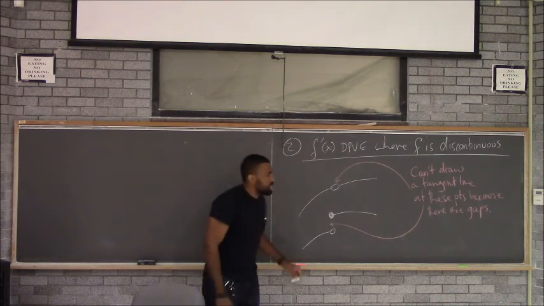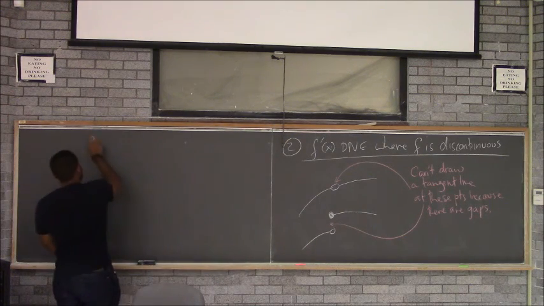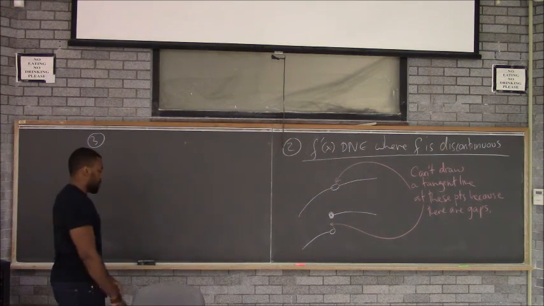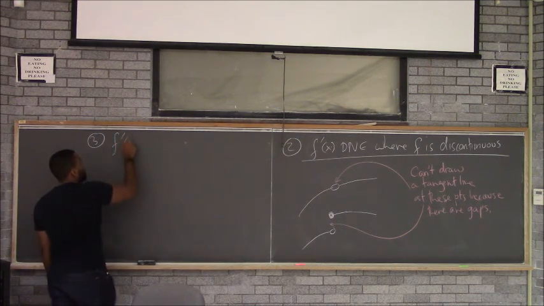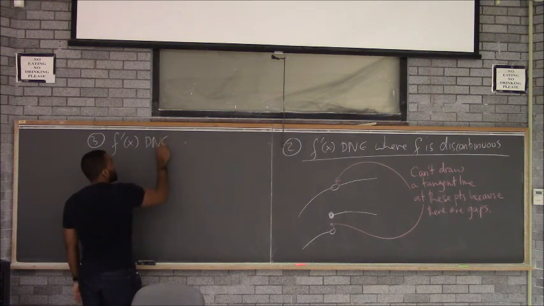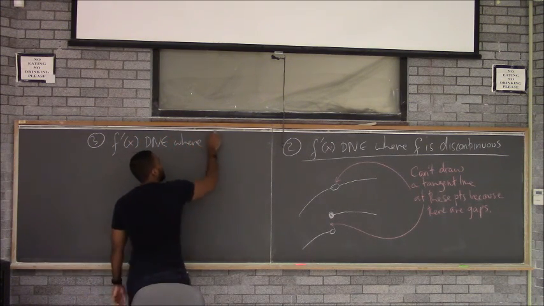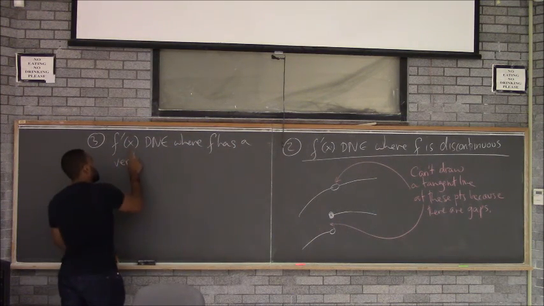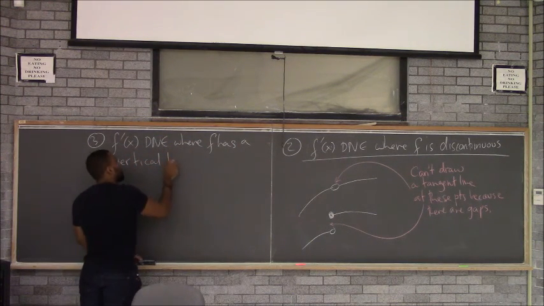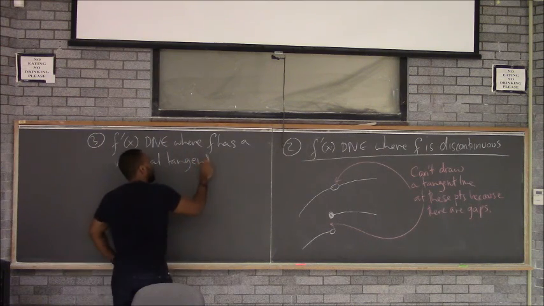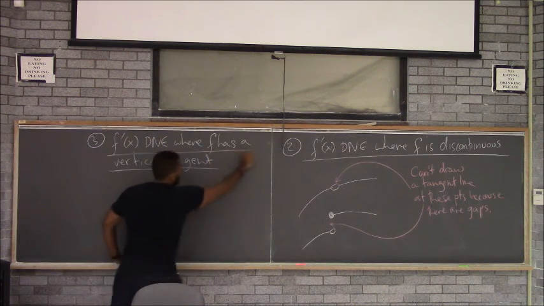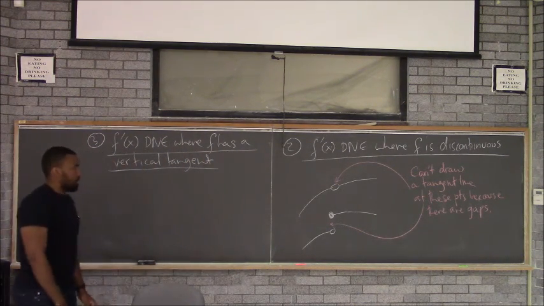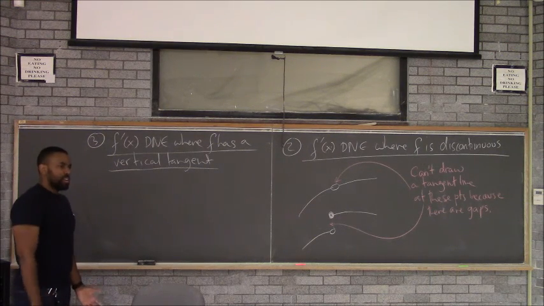There's a third situation which is kind of weird. f prime does not exist where f has a vertical tangent. It doesn't even have to be too weird.